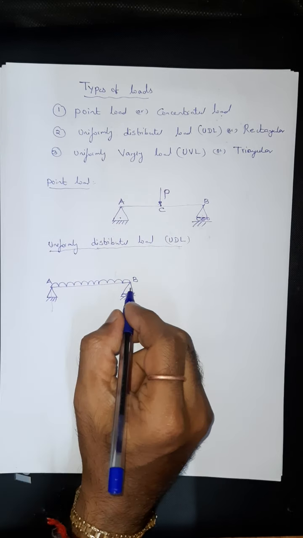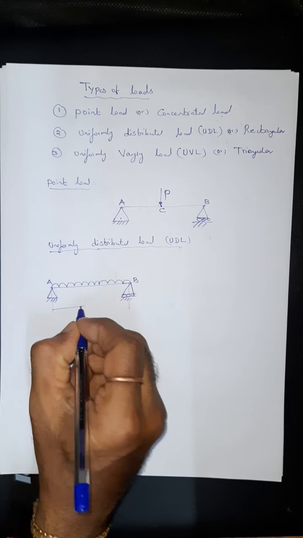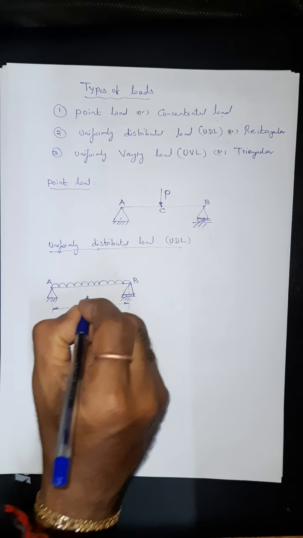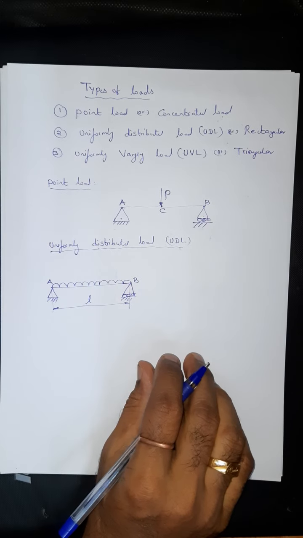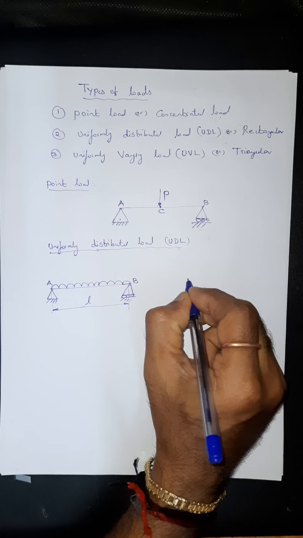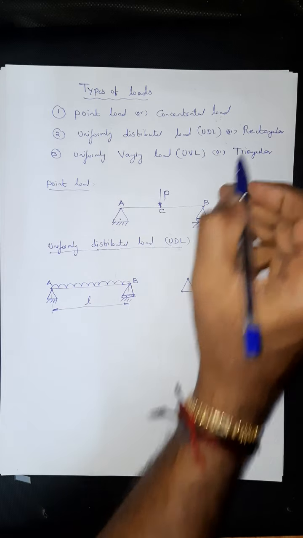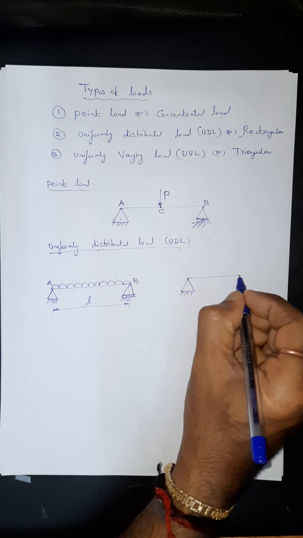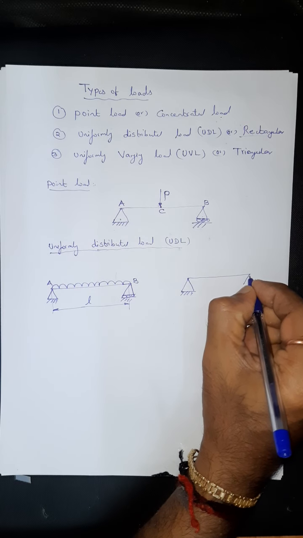The length of the beam can be mentioned as small l. The uniformly distributed load can also be represented as a rectangular load, because the other name is rectangle.